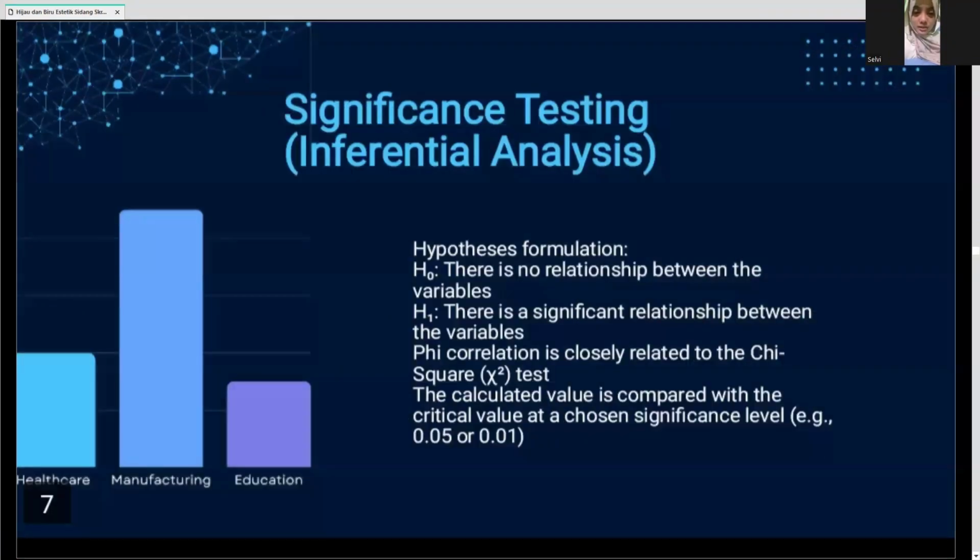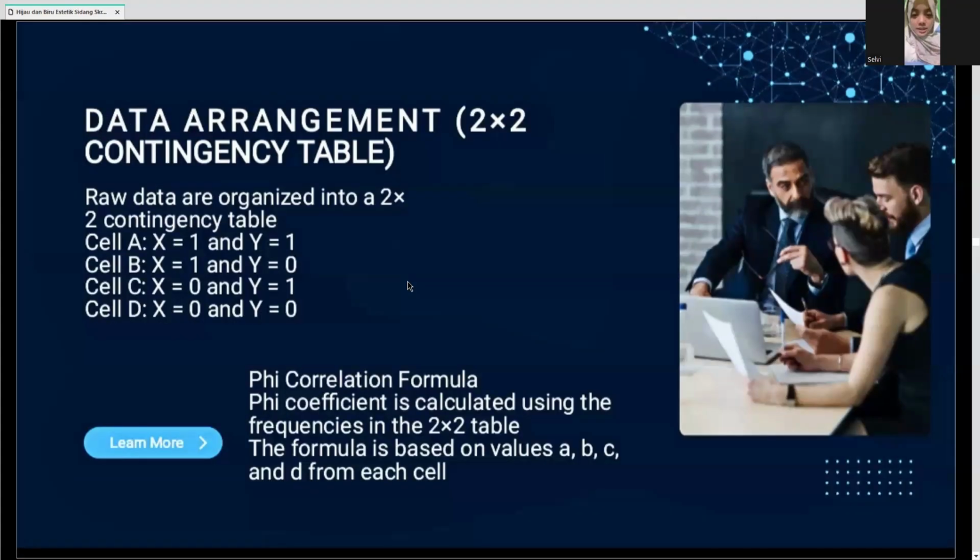Okay, now we'll talk about data arrangement and the contingency table. Phi correlation uses a 2 by 2 contingency table. Raw data are organized into 4 cells. Cell A: X equals 1 and Y equals 1. Cell B: X equals 1 and Y equals 0. Cell C: X equals 0 and Y equals 1.